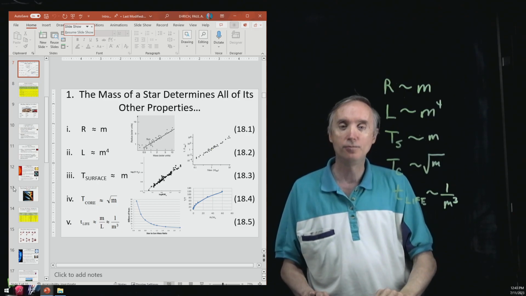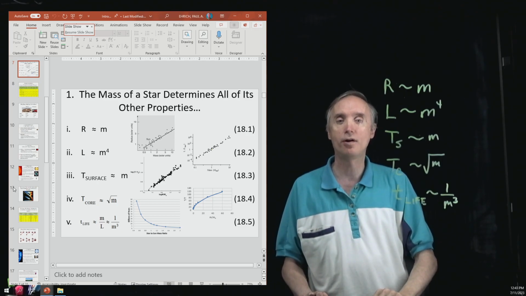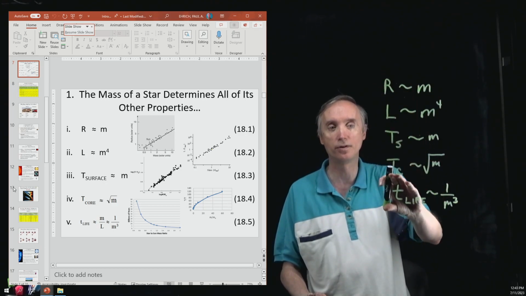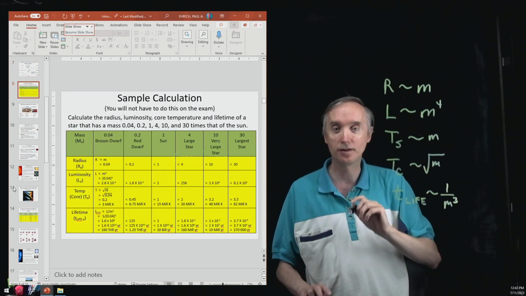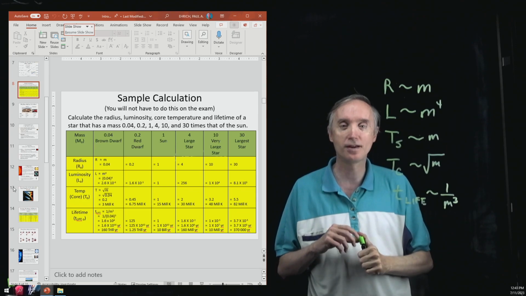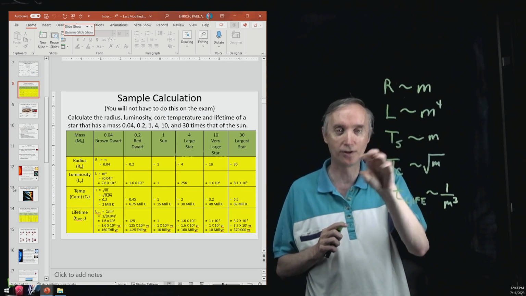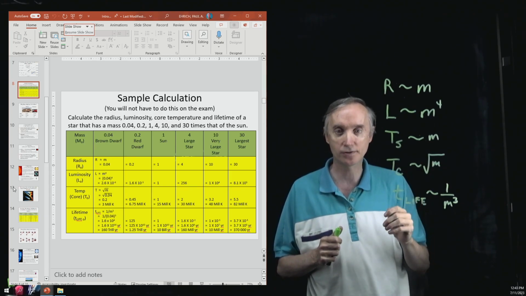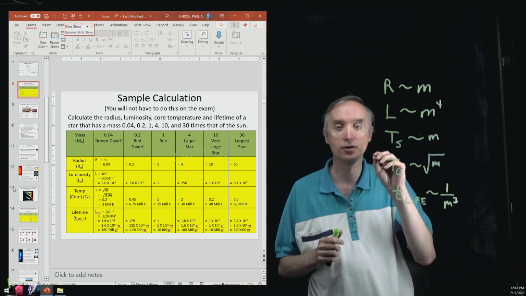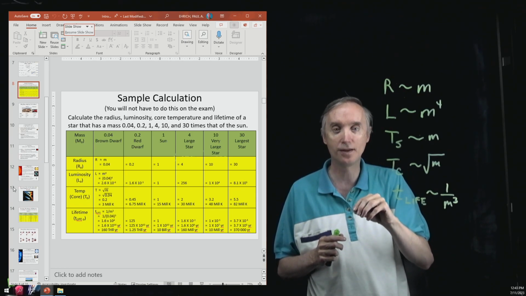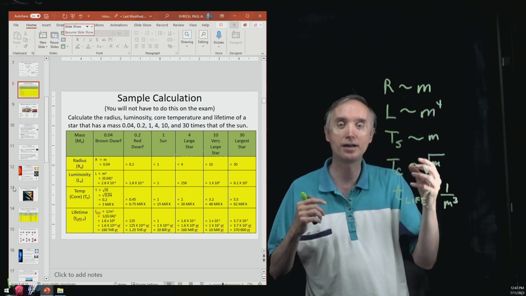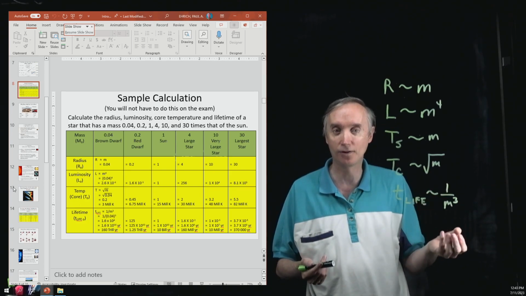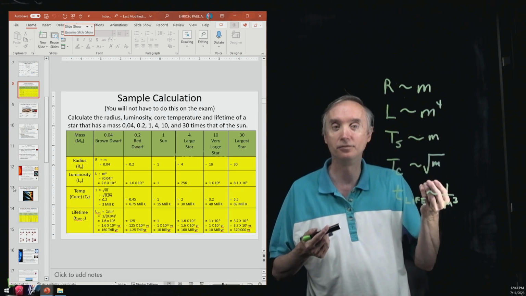You might be saying to yourself, what are some typical masses and typical radii and all these other properties? I'm glad you asked, because here we go. This sample calculation says you will not have to do this on the exam, but what I did was pick various masses: a very, very small mass, a small mass, a mass like our sun, a larger mass, a very large mass, and a very, very large mass.